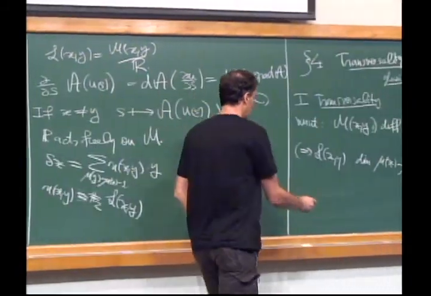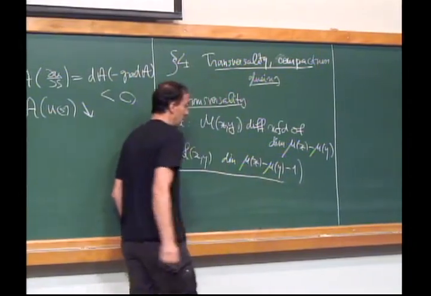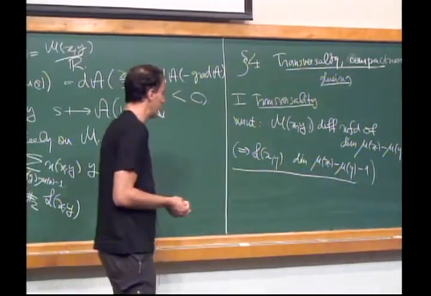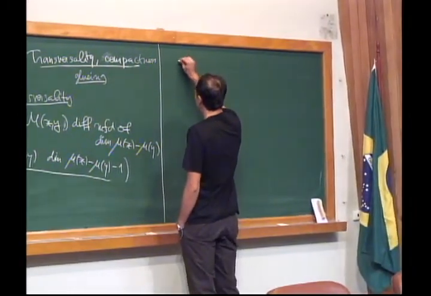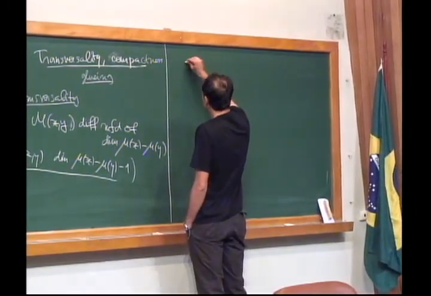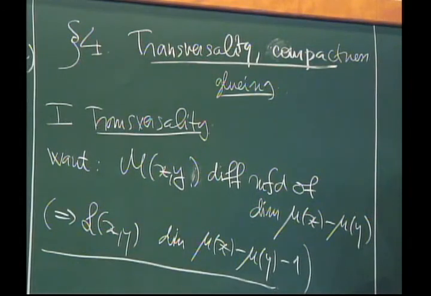So how to prove that? If you want to prove that something is a manifold, in finite dimension, a method to get a manifold is the following.